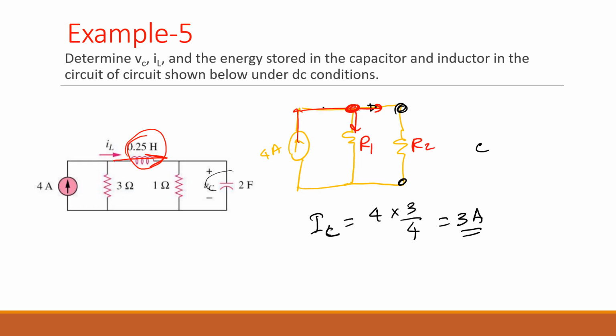We need to find the current going across the R2, not through the R1, isn't it? So current across the R2 is equal to the total current times R1 divided by R1 plus R2. Is that the equation you have? Isn't it?